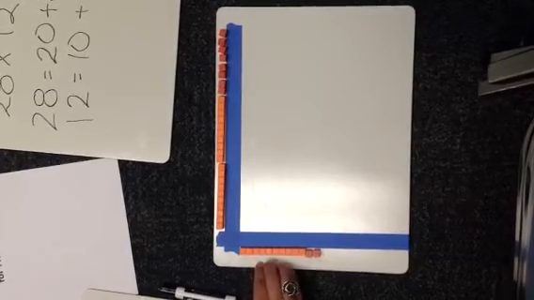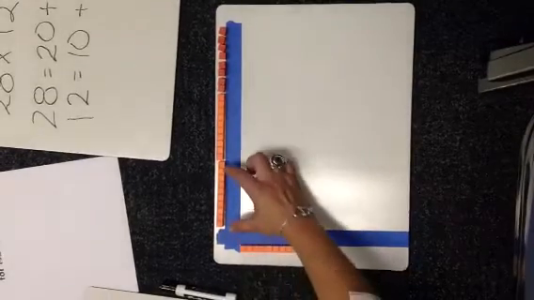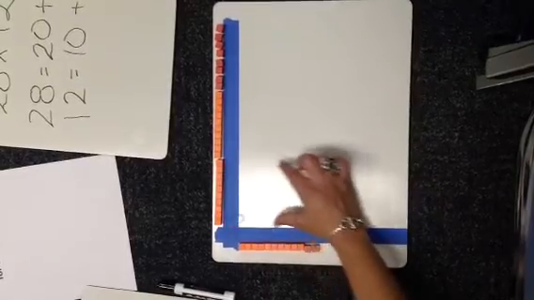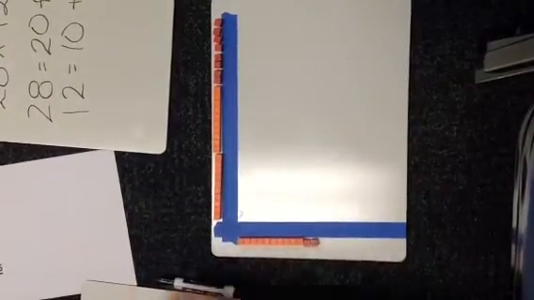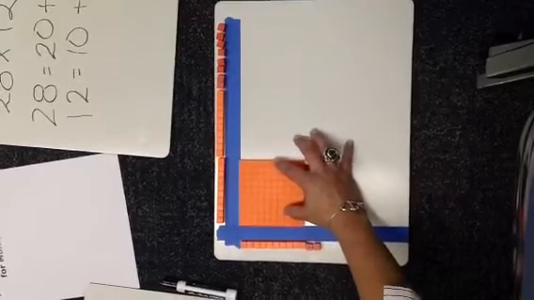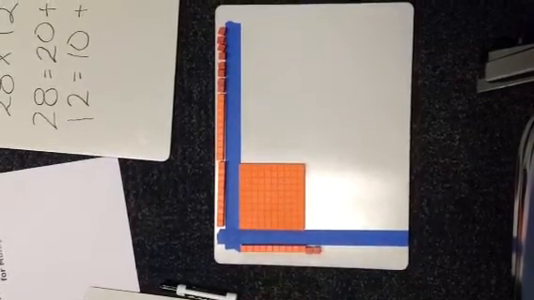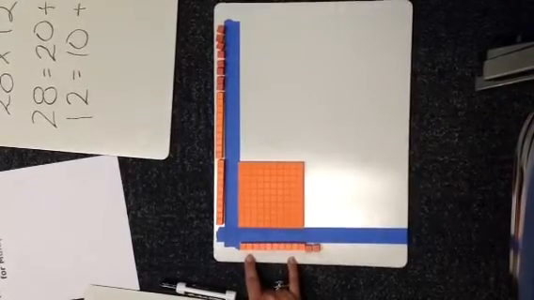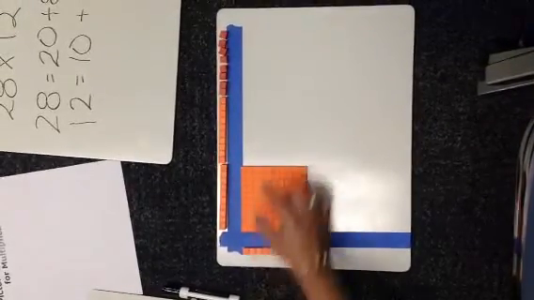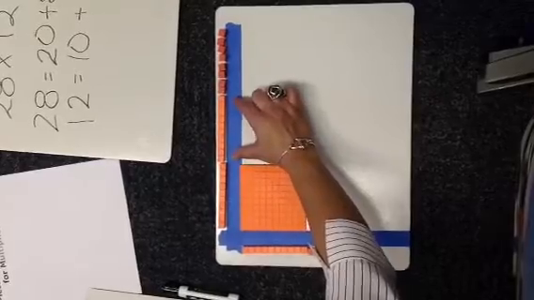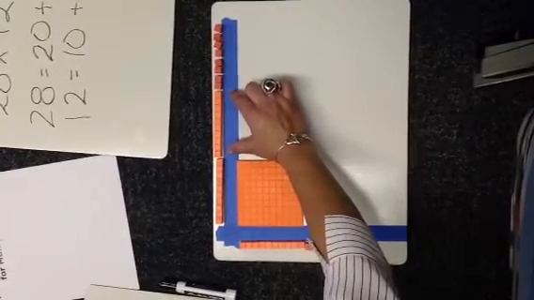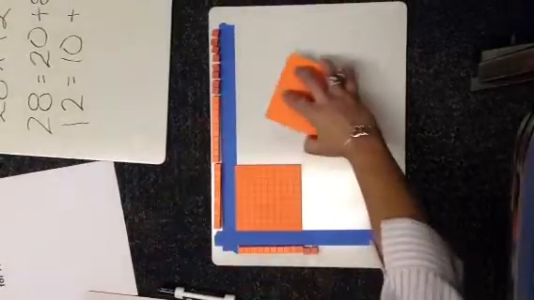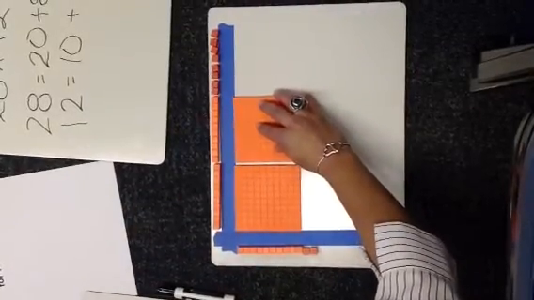This 10 long multiplied times this first 10 long along the top will give us a 100 flat. Now I'm going to take the 10 long again along the side and multiply it times the second 10 long across the top, which will give us another 100 flat.